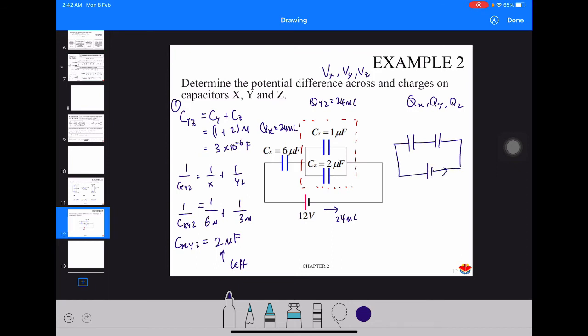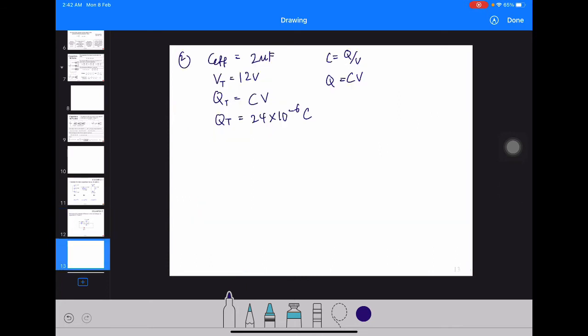So this is my 24 microcoulomb. This is my CYZ, and this one is CX. So obviously QYZ is equal to 24 microcoulomb. Basically it's just the total, and this one is total as well. So I already have QX and CX. Now I can find my VX.